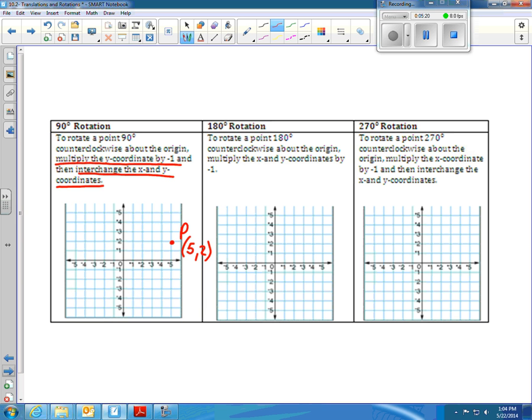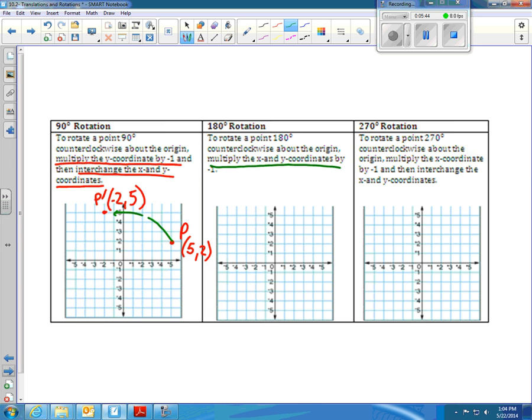And then we're going to interchange or switch the x and y. That makes our new point -2, 5. So that's our P prime. If we look at our point, it's like we took that point and rotated it 90 degrees.